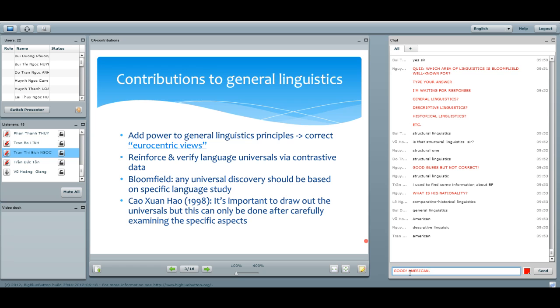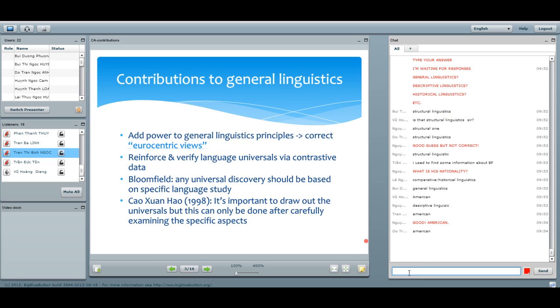American. And Bloomfield is famous for his works describing native Indian American languages.